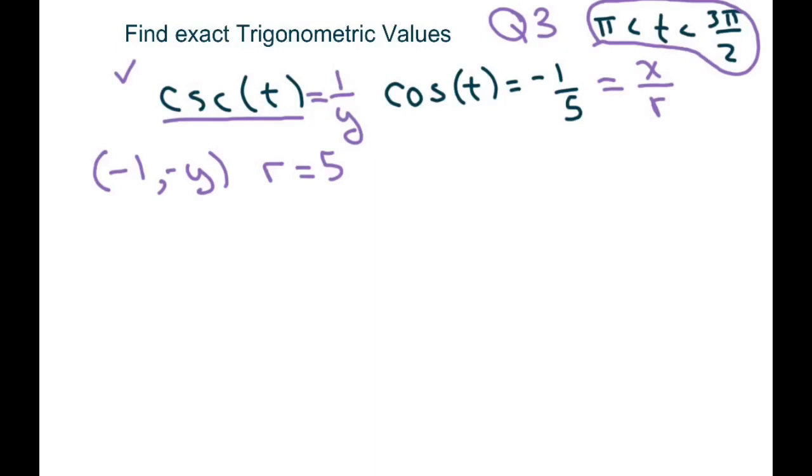So the only thing I have to do is find y, because then I can write it as 1 over y. So basically, I'm going to use x squared plus y squared equals r squared, or it's your Pythagorean theorem. So my x is -1, and my r is 5.